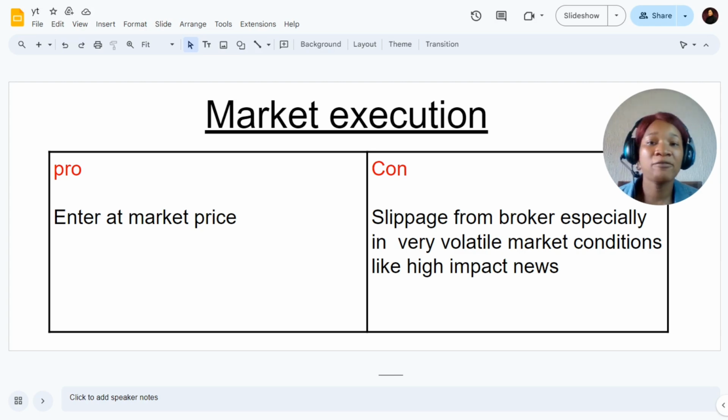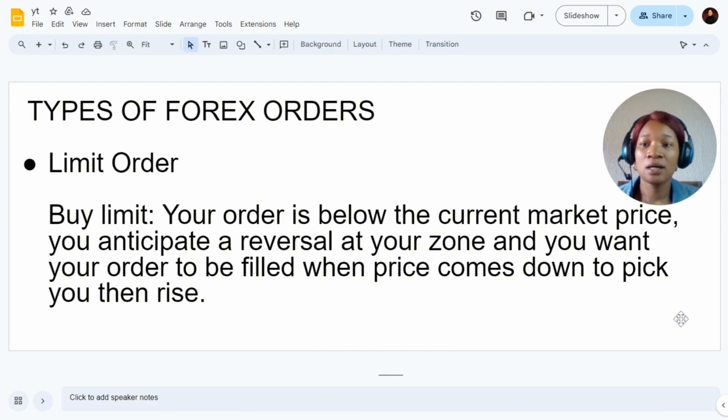High impact news like FOMC, non-farm payroll, CPI, and all of that, all right? So those kind of high impact news makes the market move extremely fast, and you may encounter slippage. That is if you trade news in the first place, right?